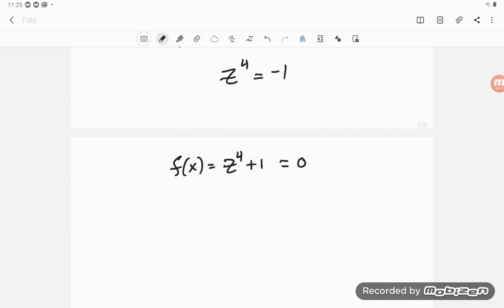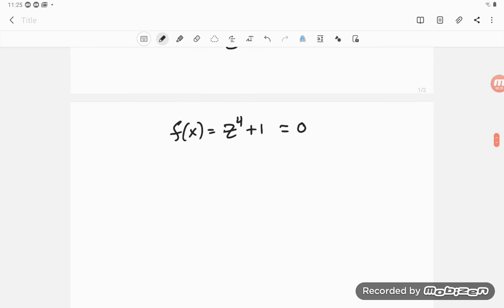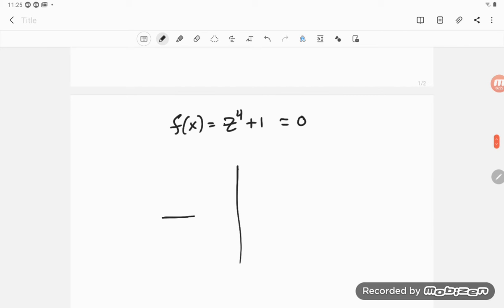everything is complex conjugates. And so if I'm thinking about the position of these things, wherever they go, if one's there, then I have to have one there. If, say, one is here, I would need one there.